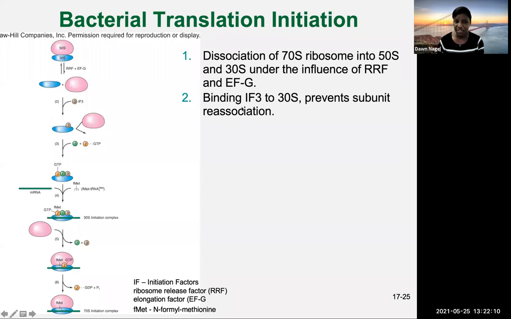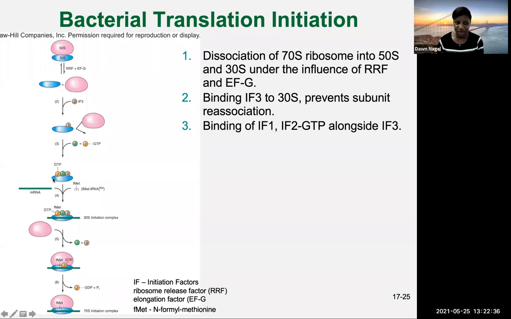The way that this happens is with the help of initiation factor 3, which binds to this 30S and prevents this dissociation, because it prevents this from binding here. You then have two other initiation factors, initiation factor 1 and initiation factor 2, that come in and bind on this 30S small subunit.